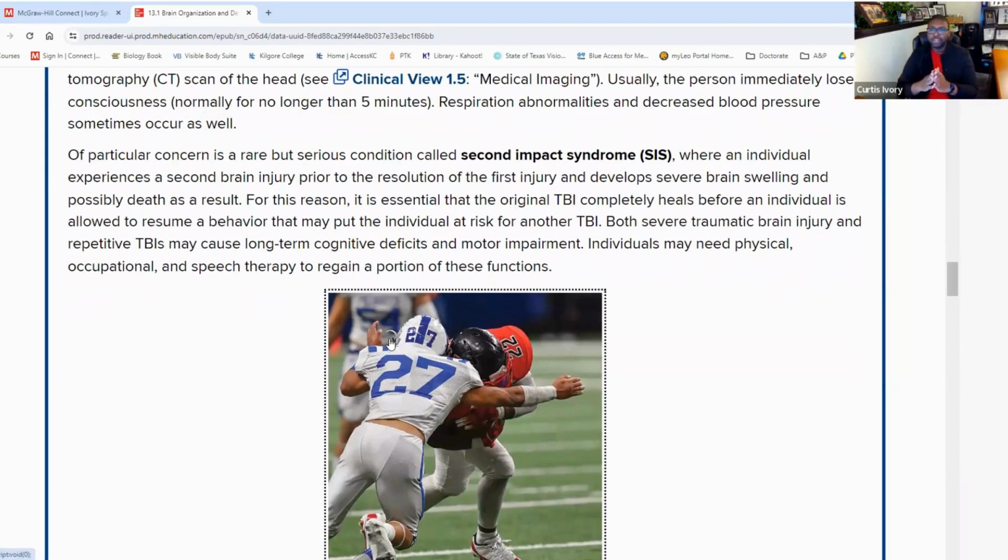A concussion is essentially when the brain slaps up against the skull or some part of your skull, and it's going to cause a bruise. That could potentially be bad because your brain controls every single part of your body. Different regions of your brain control different parts of your body. So if you were to hit your frontal cortex, you're going to have a hard time thinking and being able to cognitively think and make decisions.